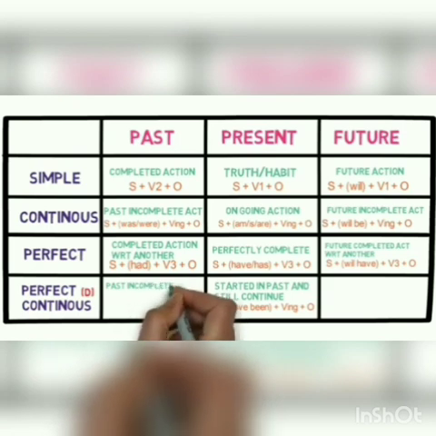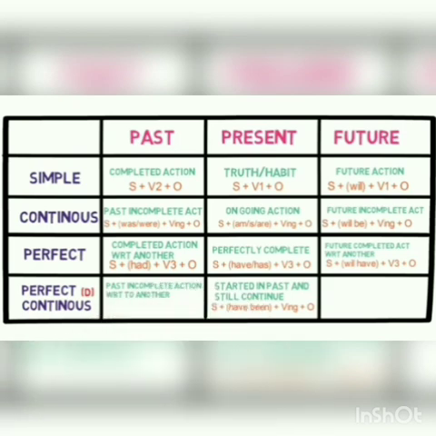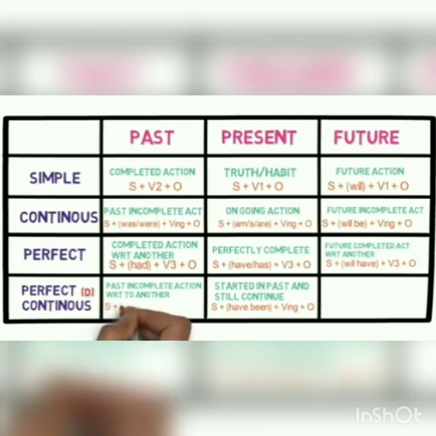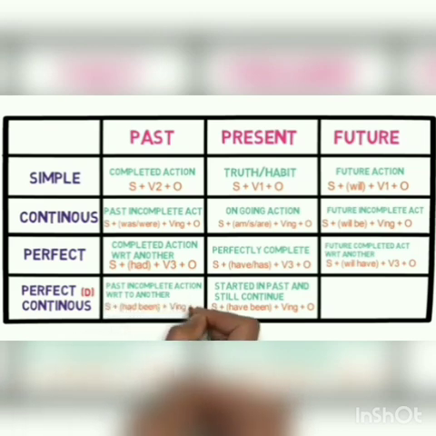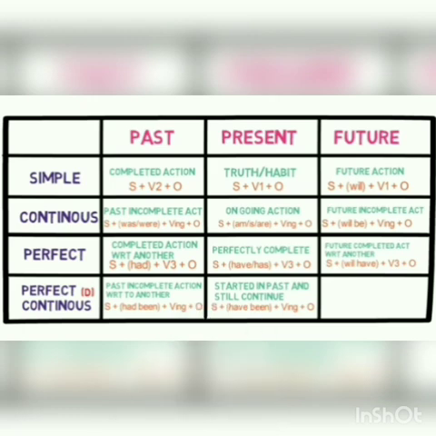Okay. Next one, past perfect continuous. It shows a past incomplete action with respect to another. And the structure is subject plus had been plus first form of verb plus ing plus object.